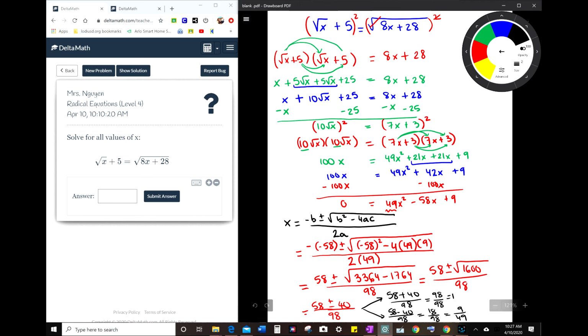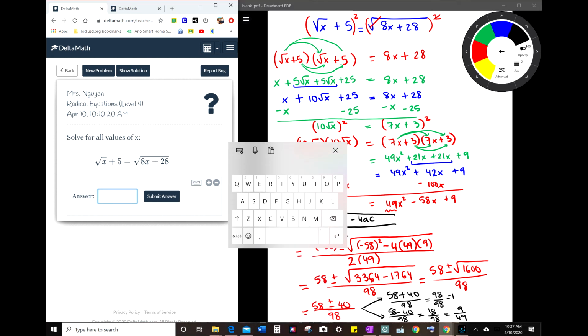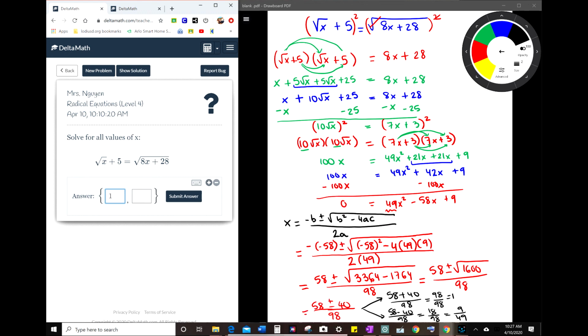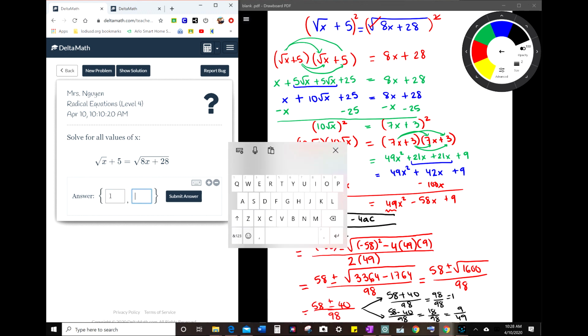Okay, and always check for extraneous solutions. I already checked it on the side, and both of them work. So this is the answer: 1 and 9 over 49.